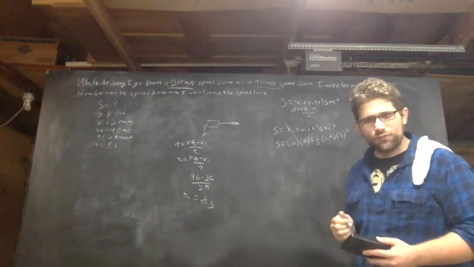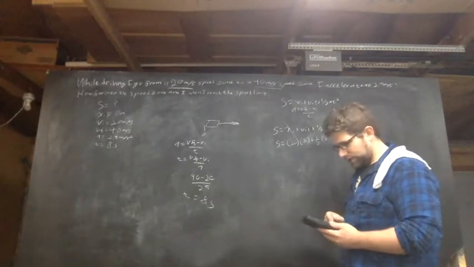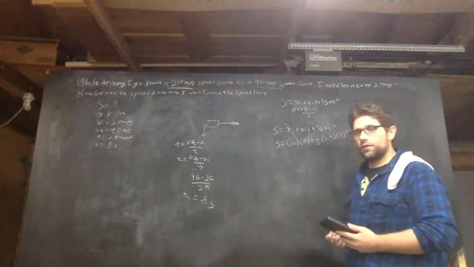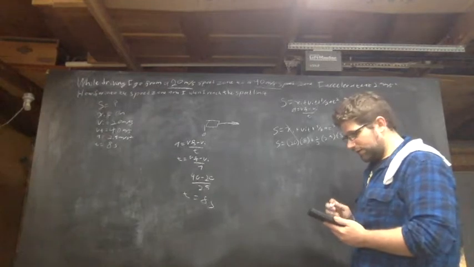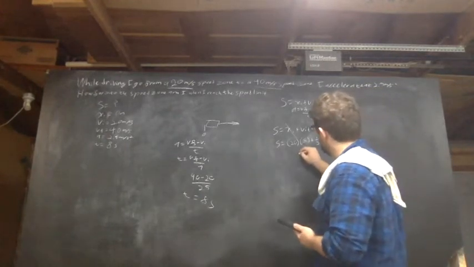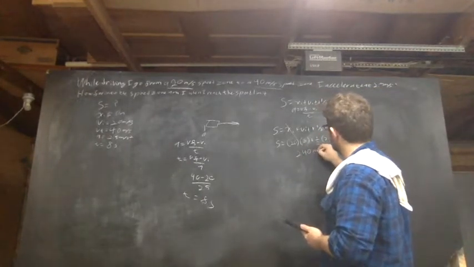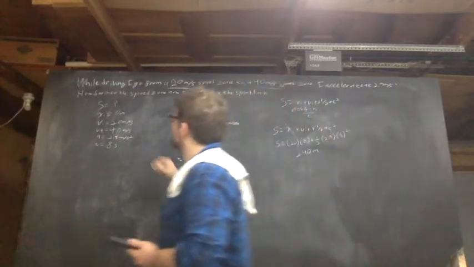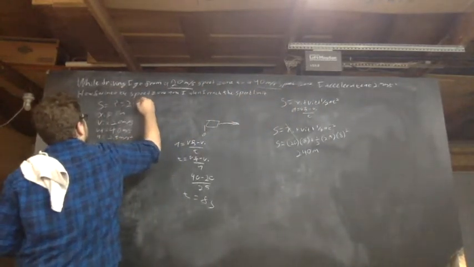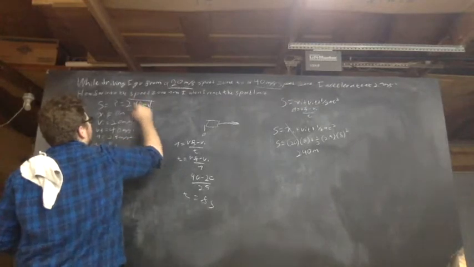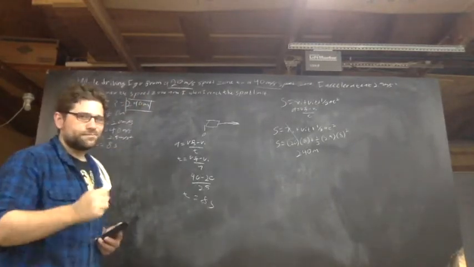So we'll just plug that right into our calculators. Okay, our final value is going to be 240 meters. Perfect. So I have 240 meters for my final answer. I box it off and I'm all set to go. Simple, right?